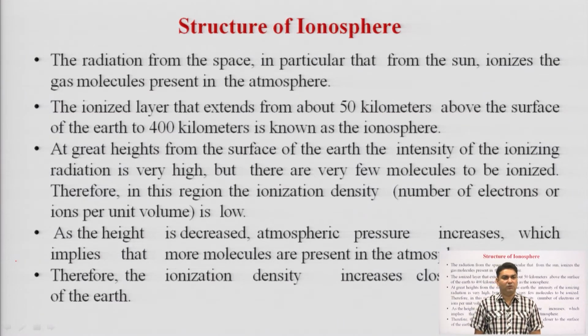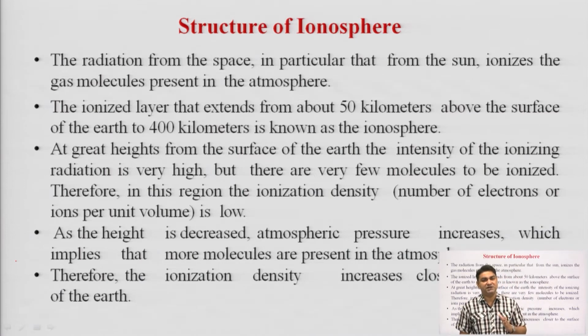To answer this question, we have to see the special characteristics of this region of the ionosphere. The radiation from space, in particular that from the sun, ionizes the gas molecules present in the atmosphere.